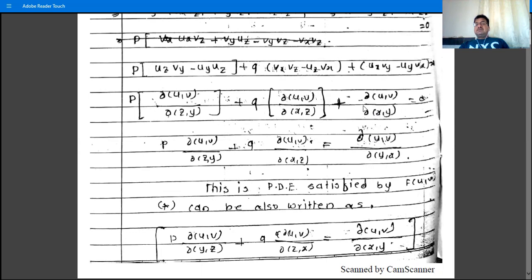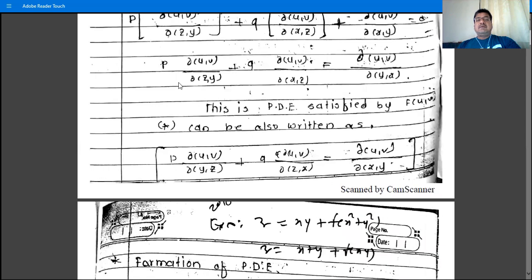So by shifting this term to the RHS, we have the negative of this term, and dou (u,v) by dou (x,y) is equal to minus of that; minus dou (u,v) by dou (x,y) is dou (u,v) by dou (y,x). So what we have is dou (u,v) by dou (y,x) is minus dou (u,v) by dou (x,y). Then p times dou (u,v) by dou (z,y), dou (u,v) by dou (x,z), and dou (u,v) by dou (x,y), (y,x).